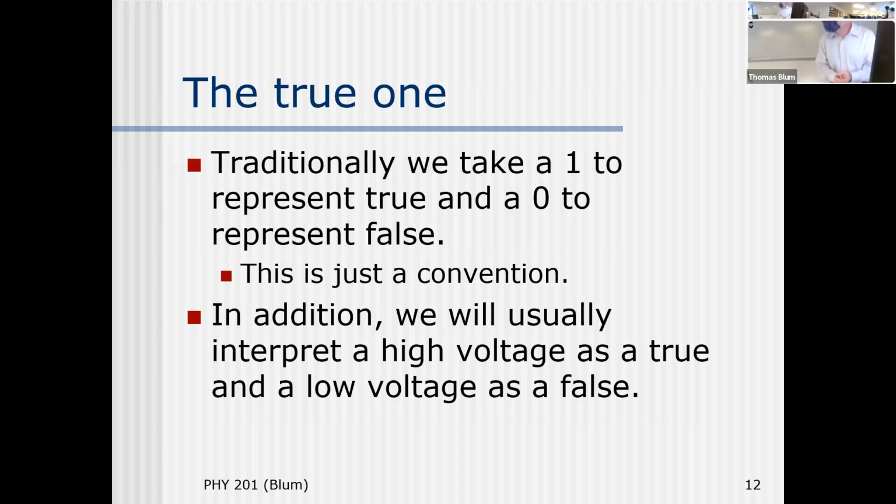That's just a convention, and it will almost always be followed in this class, but it is a convention. You can have a circuit and you can call the high value false. It's just a matter of there being some physical situation and you're giving it an interpretation. This is the interpretation I will normally give it.